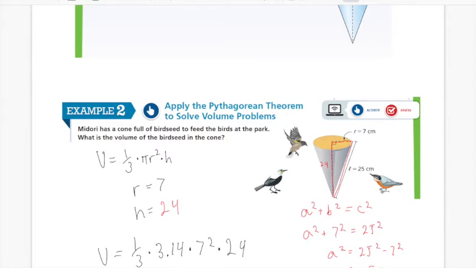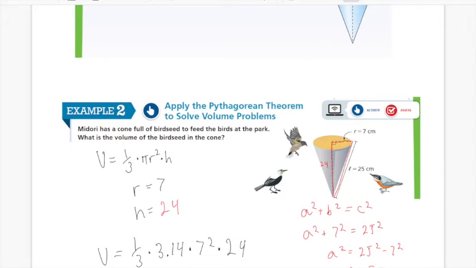So we will have 3.14 times 7 squared. And I encourage you to do this as well on your calculator to become familiar with how to work your calculator. You get 1230.88. And our units are centimeters cubed.